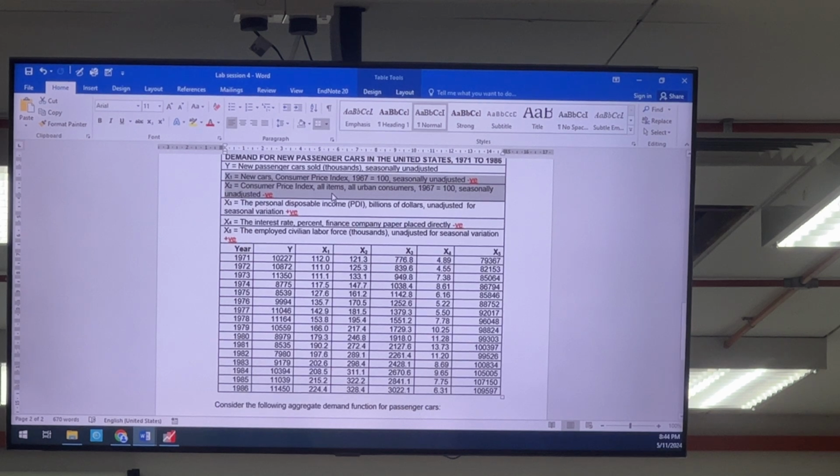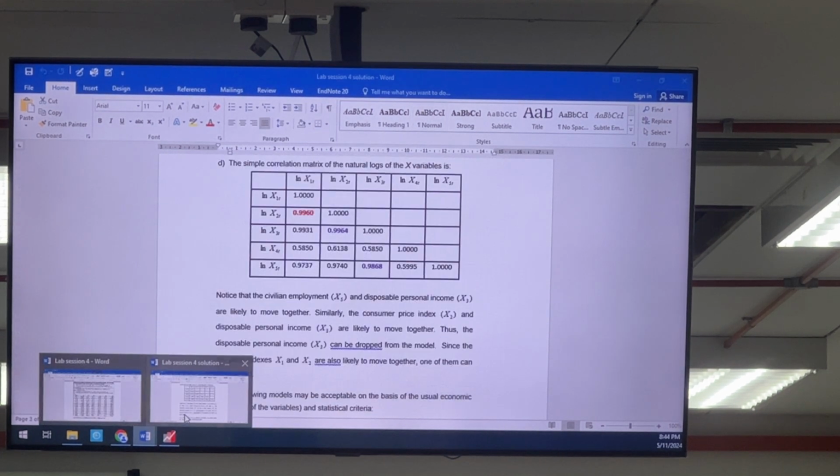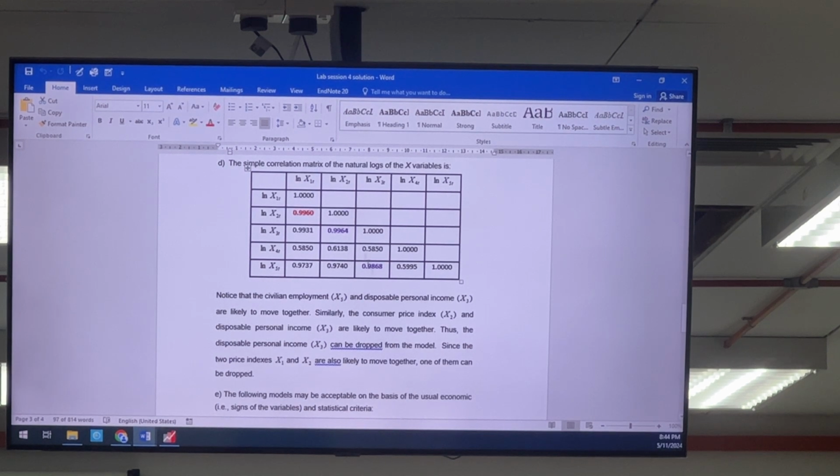So in this case, based on the correlation table, we decide to take out x3, not x5, because x3 has problems with x5 and x2. We also remove either x1 or x2, because both are CPI representing the price.